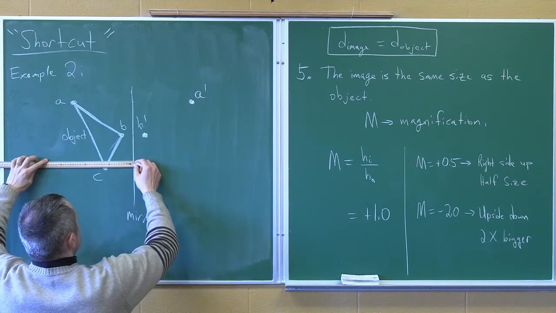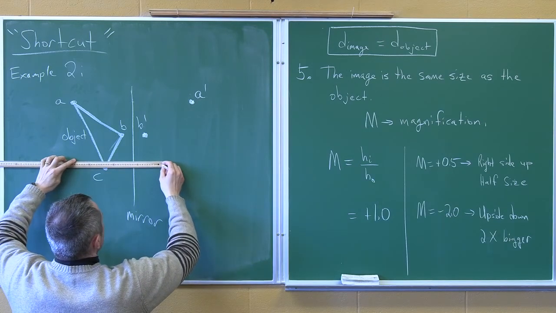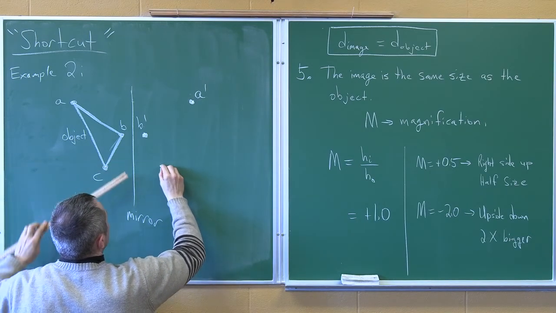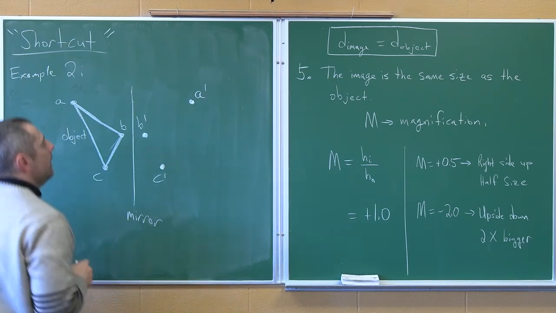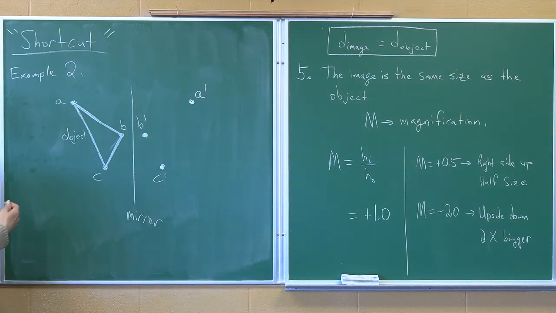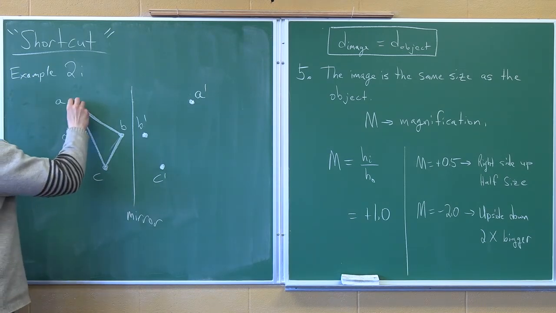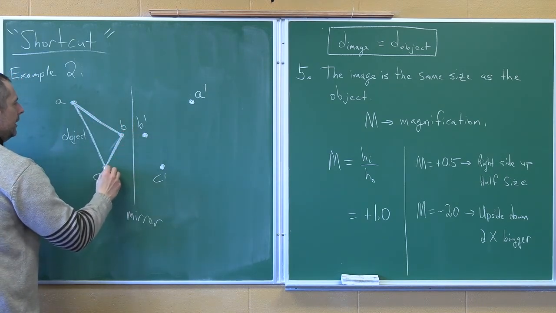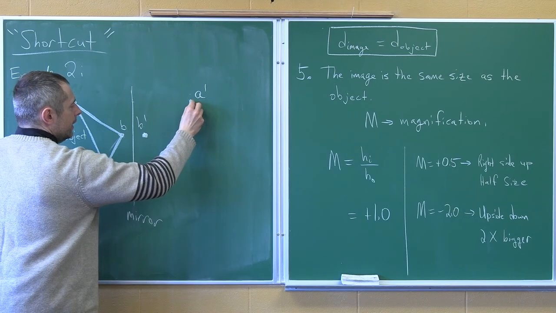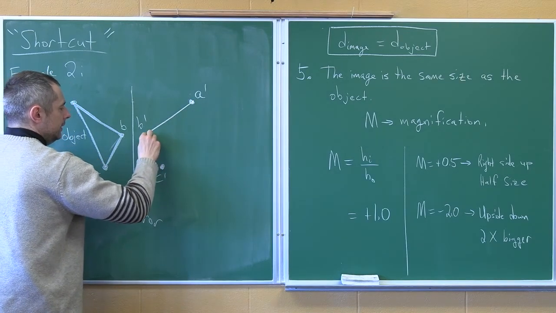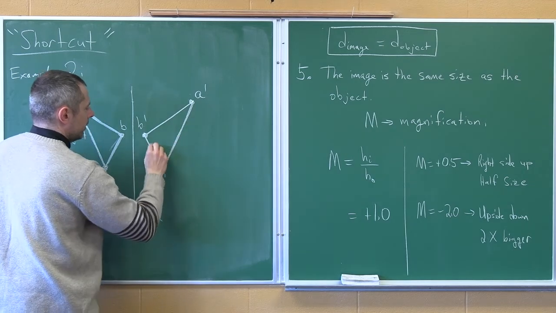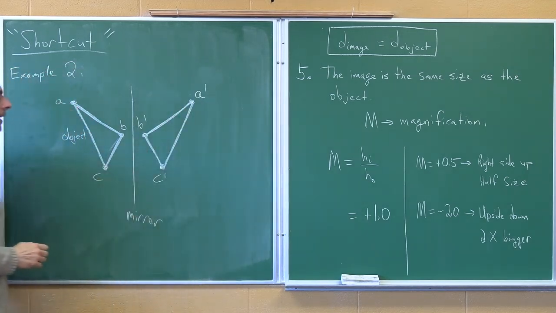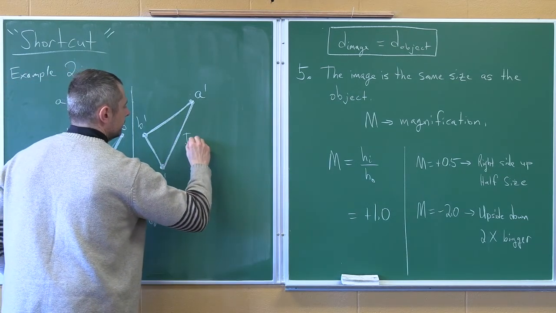C prime will be 11.5 centimeters behind the mirror. C prime. And the rest of the pieces we could fill in. We go from A to B to C and back to A. So let's do that here. A to B to C, back to A. And there is the image.